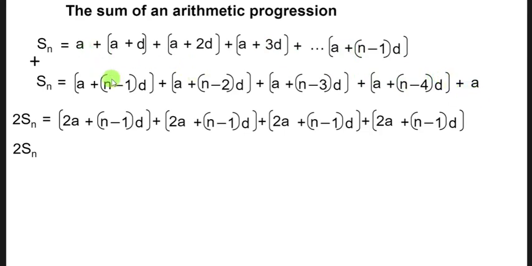So this one with this one gave us this, this one with this one gave us this. This one with this one as well can still give us this, but however I didn't have space here, so it doesn't matter, because even that one can still give us the same.